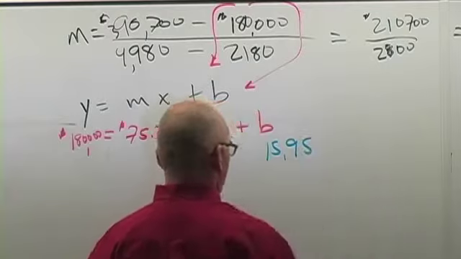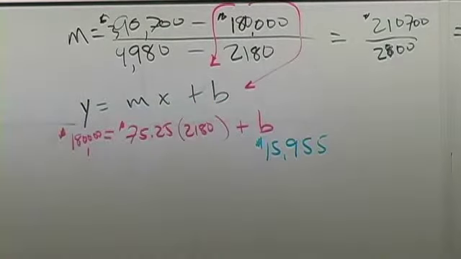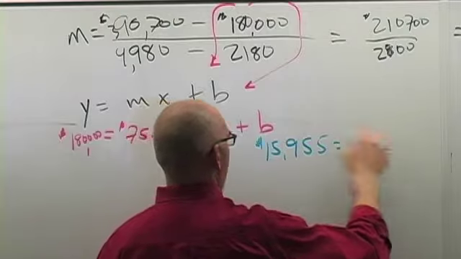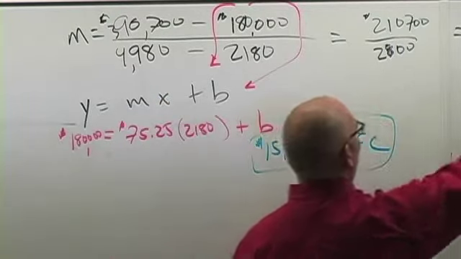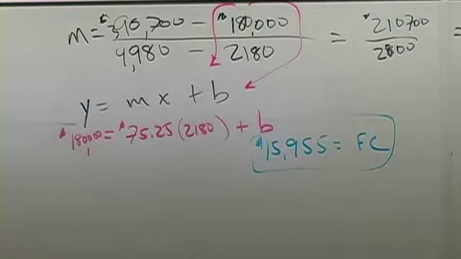$15,955. Okay. 15,955. So now we have solved for fixed costs, and we've solved for variable cost per unit.